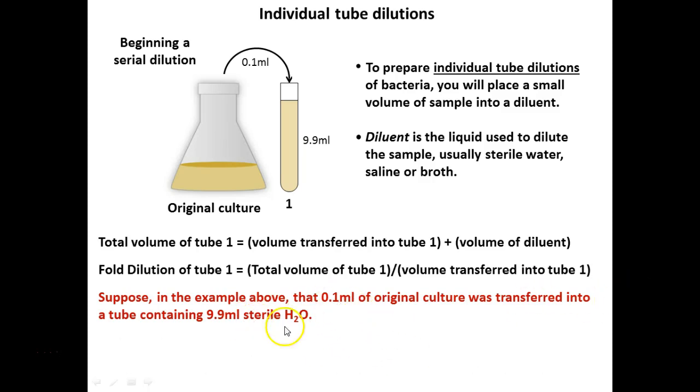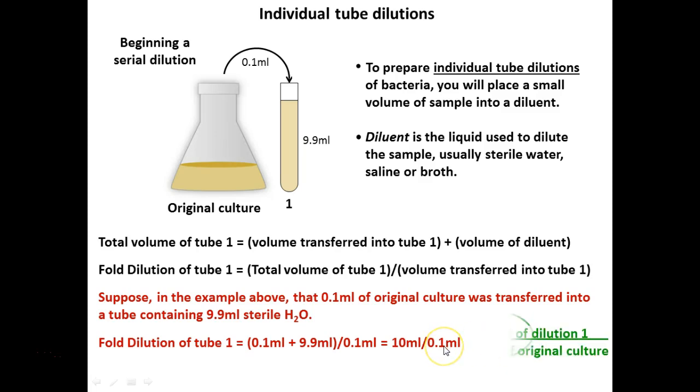So 0.1 into 9.9, written out using the R method. 0.1 plus 9.9 is going to give you the 10 on the top, right? And then you have 0.1 at the bottom. You got to make this a 1. How could you do that? Move the decimal 1 place, right? You have to do the same thing at the top. So then that makes it 100.